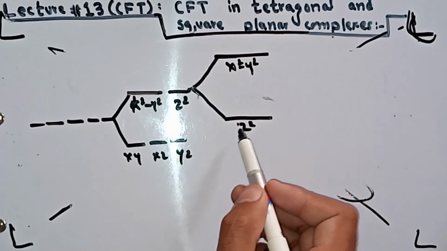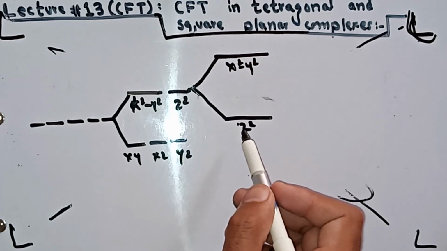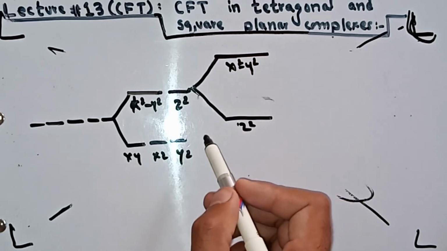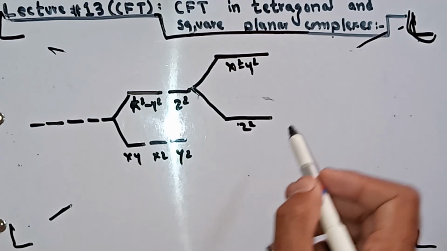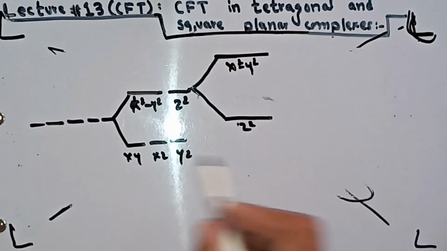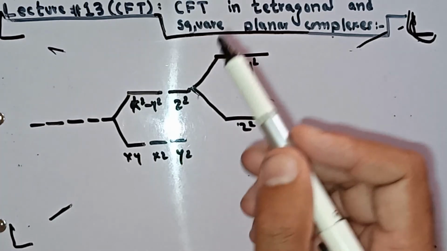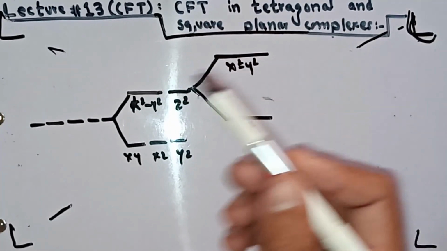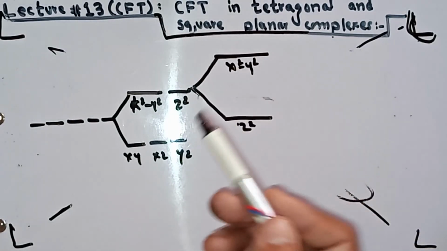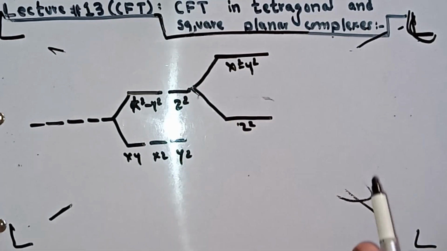In the z square orbital no ligand approaches, so its interaction is zero, because one ligand is here, another ligand here, another here, and another here, while z square lies like this. So the interaction of the z square orbital with the ligands is zero.